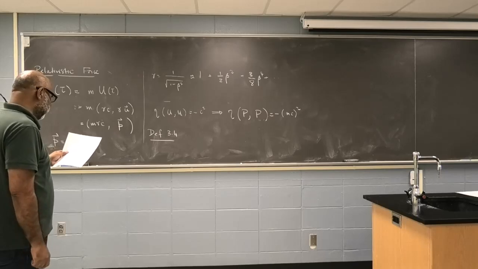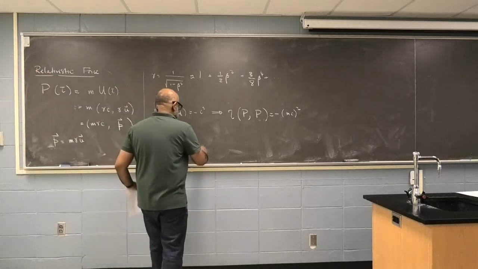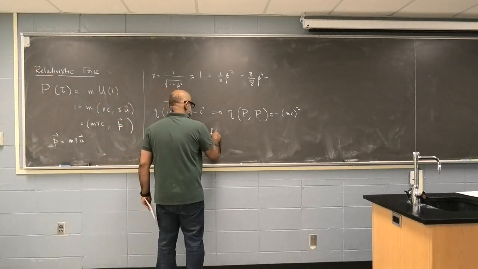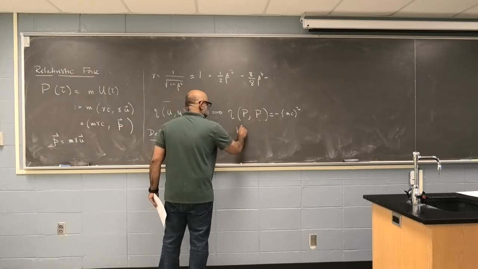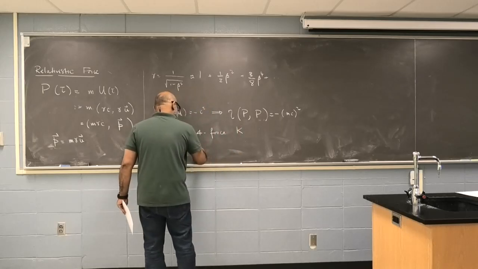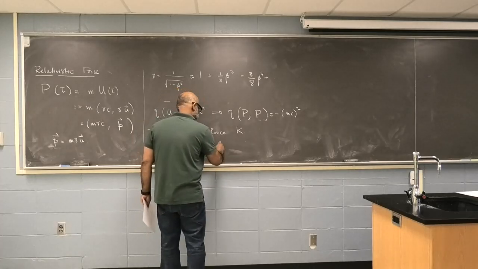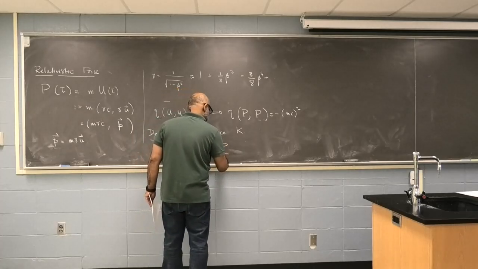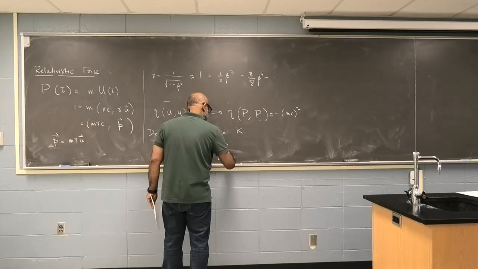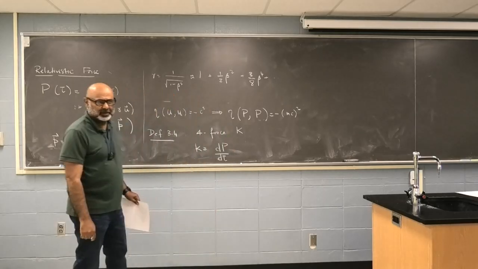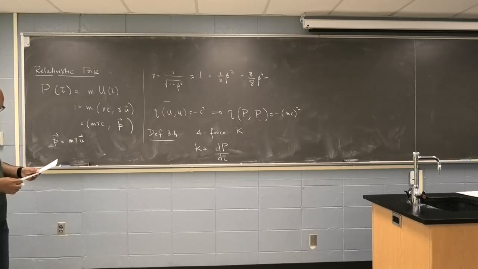So I'm going to define relativistic force. The 4 force, I'm going to use uppercase K. K, you guessed it. What do you think it is? dp/d tau. Okay?